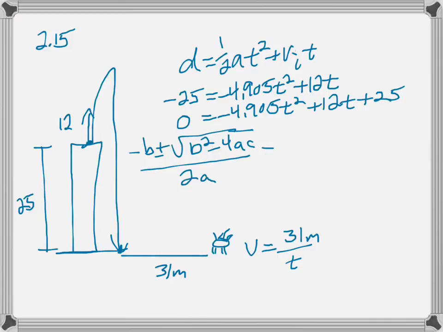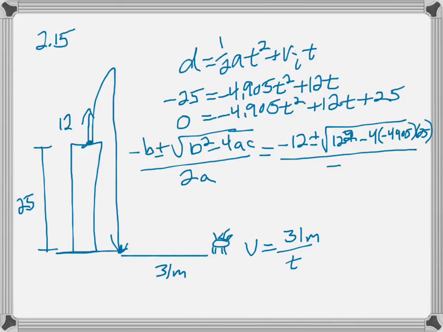And if we put all of our numbers in there, opposite B would be a minus 12 plus or minus the square root of 12 squared minus 4 times A, which is a negative 4.905, times C, which is 25. And that's all over 2A, which would actually be negative 9.81 again. And I'll let you do the math on that.